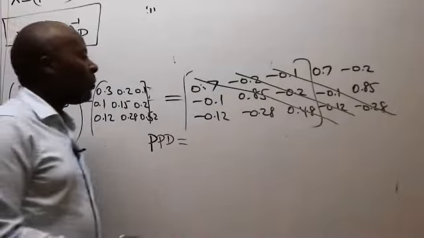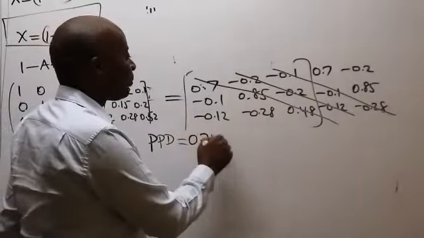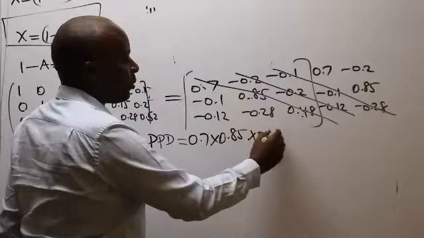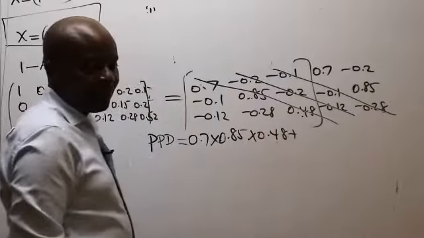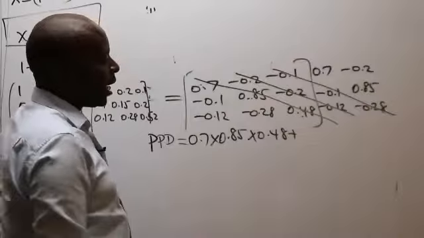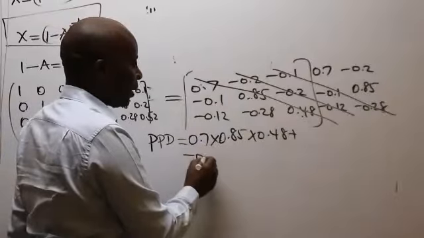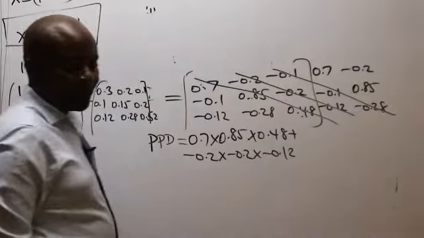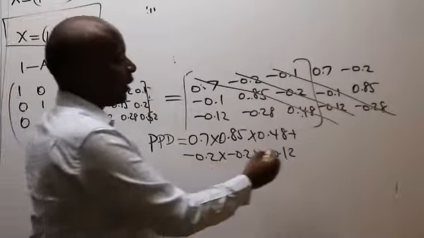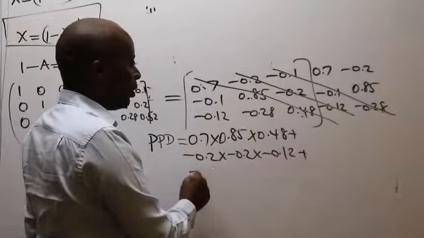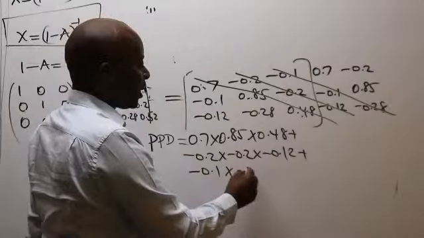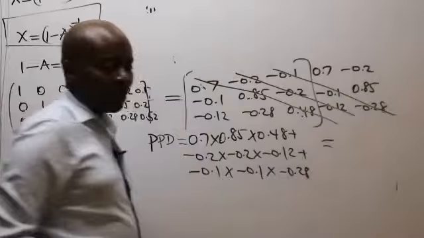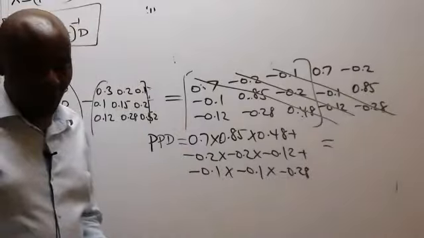So the product of the primary diagonal here will be 0.7 times the second figure, which is 0.85, times the third figure, which is 0.48, plus, there are 3 of them, the second diagonal here will be minus 0.2 times minus 0.2 times minus 0.12. There are 3 of them, plus the third diagonal will be minus 0.1 times minus 0.1 times minus 0.28. And then now you should be able to give us what we call the product of primary diagonal.